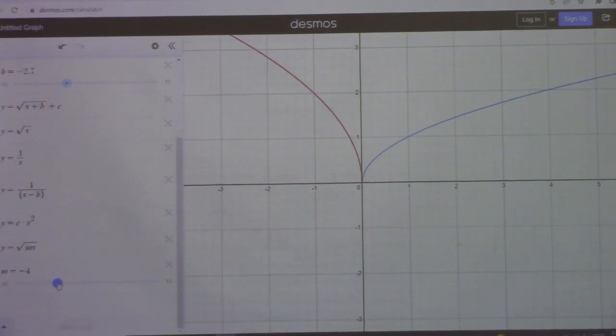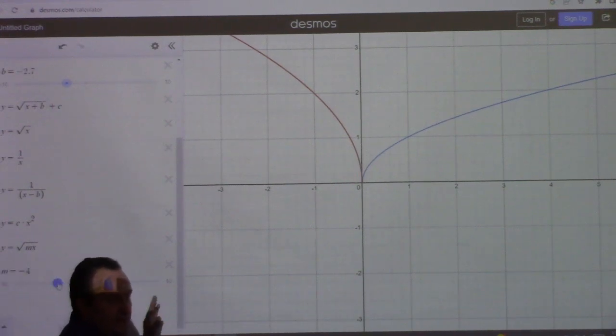What's the domain of that? See, the domain of this is when minus 4x is greater than or equal to 0. That makes x necessarily non-positive, right? It has to be either negative or 0, and that's what we see in the graph over here, right?